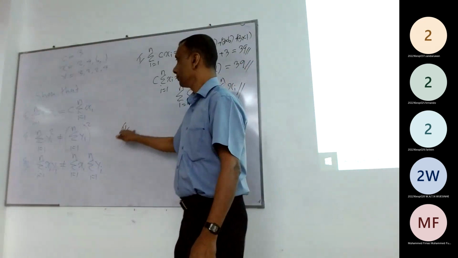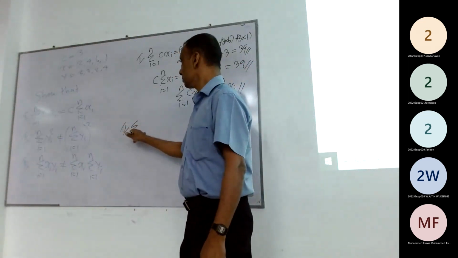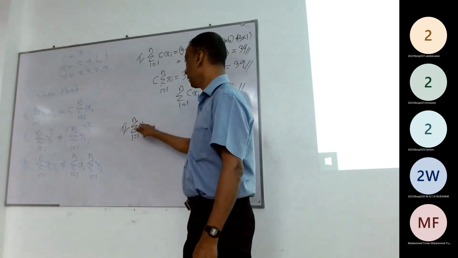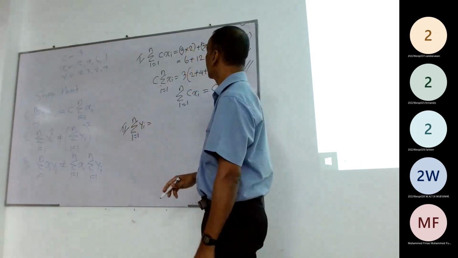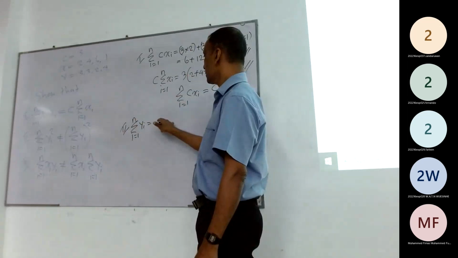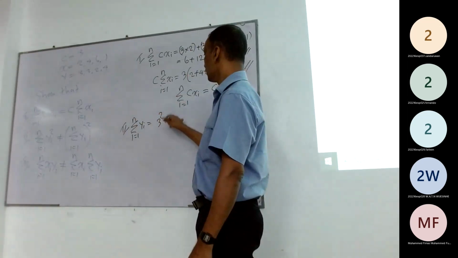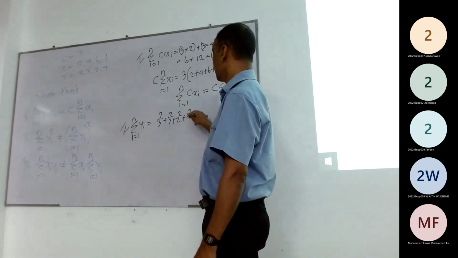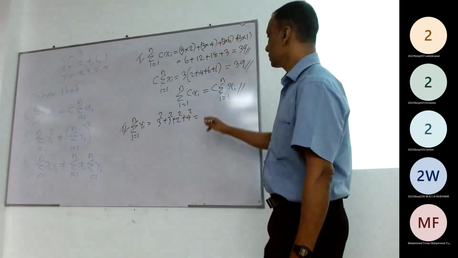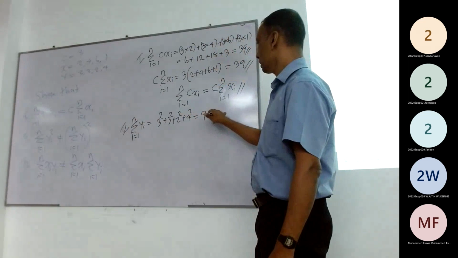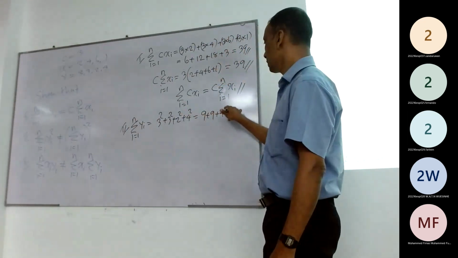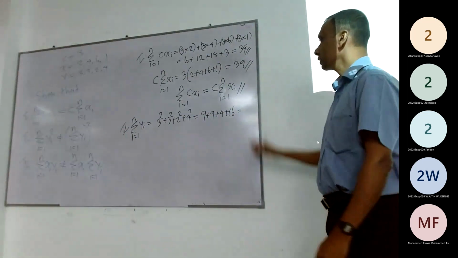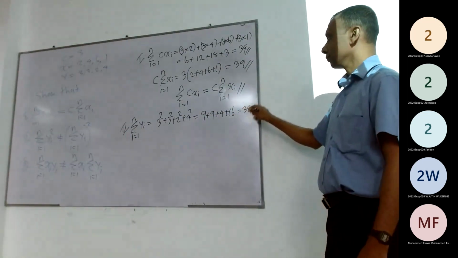Right, second part, sigma i equals 1 to n yi squared. 3 square, 3 square, 2 square, 4 square. 9, 9, 4, 16. 18, 22, 38.